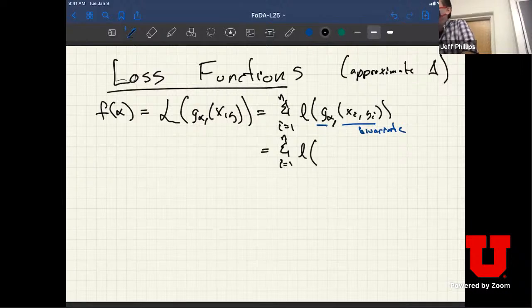This could be a univariate version, L of alpha. I'm going to write this as Z i, abusing notation a little bit, where Z i is going to be equal to y i times g of alpha, x i.